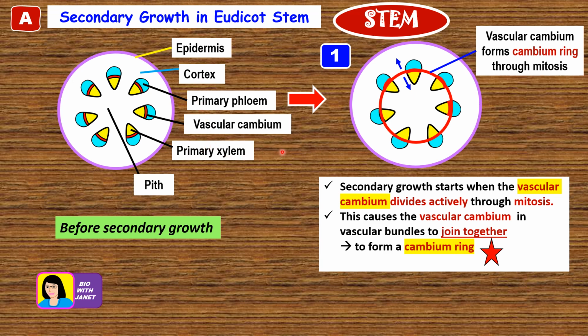Now, when secondary growth starts, the vascular cambium divides by mitosis, and all the vascular cambium join together to form a complete cambium ring through the process of mitosis. This is the first event that occurs in secondary growth in the stem: formation of the cambium ring.